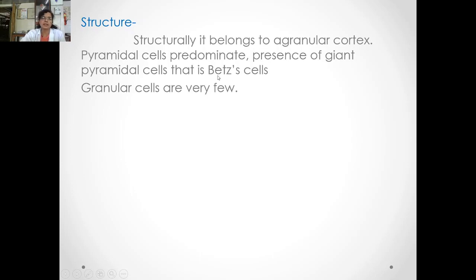These Betz cells are the larger pyramidal cells, about 100 to 120 micron in size, and they are mainly present in the posterior part of this primary motor area. These Betz cells give about 40% of the fibers of the corticospinal tract, and in this area the granular cells are very few, because it is the agranular type of cortex.